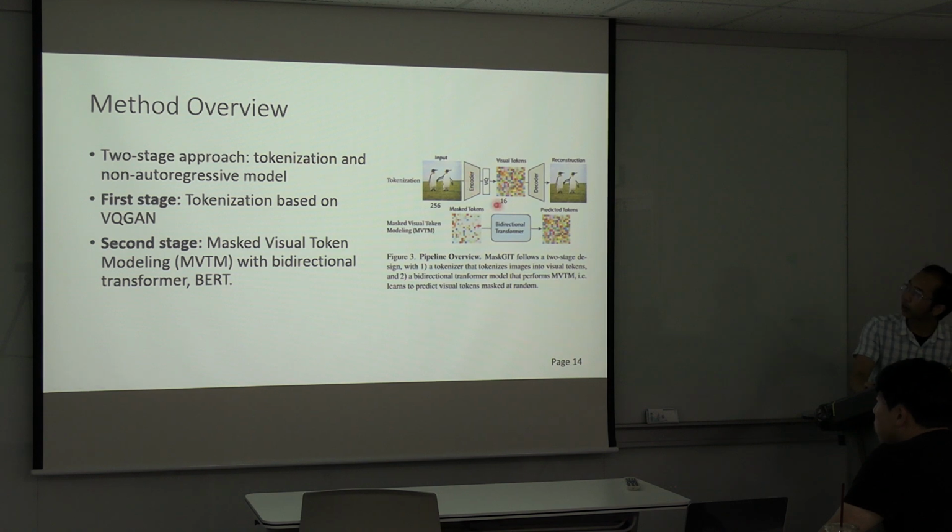The first model is the VQGAN, which has a U-Net-like architecture. The second model is the bidirectional transformer. They provide pretrained models for two resolutions, so that when I train, I can input them for training.